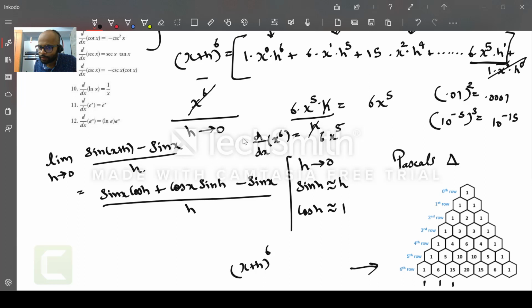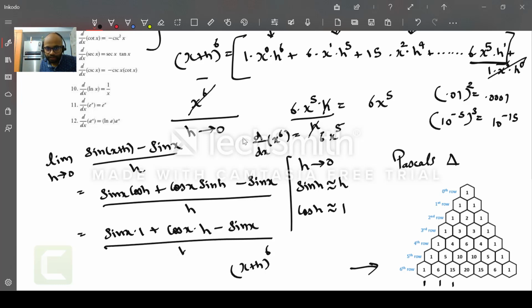Cos of 0 becomes 1. So this is an approximation I'm doing over here, right? So this is sine x, right? Sine x cos h is 1 plus cos x sine h is h minus sine x upon h.